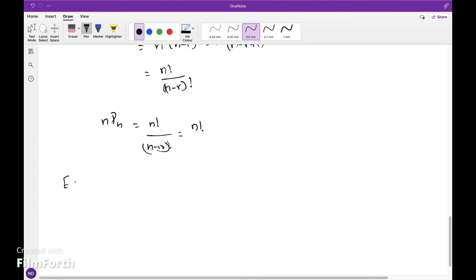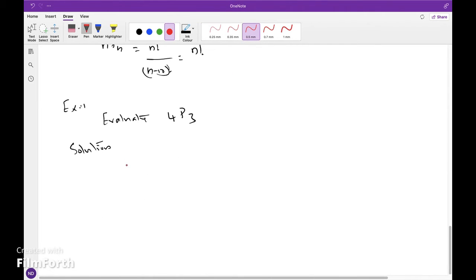So an example. Evaluate 4P3. Solution: nPr is n factorial divided by n minus r factorial.